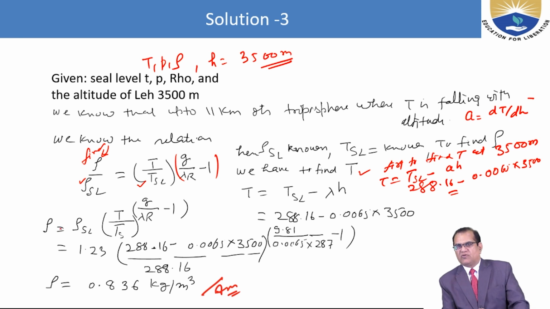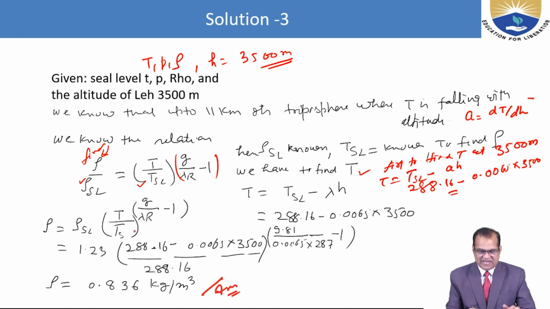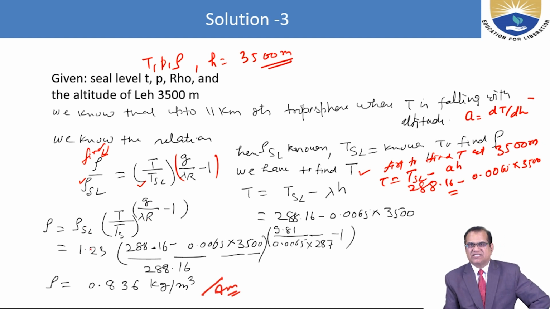So rho is equal to rho SL times T by TSL to the power g by lambda R minus 1. Rho SL is 1.23, it is given, and T is equal to 288.16 minus 0.0065 into 3500, divided by 288.16, to the power 9.81 divided by 0.0065 into 287, minus 1.